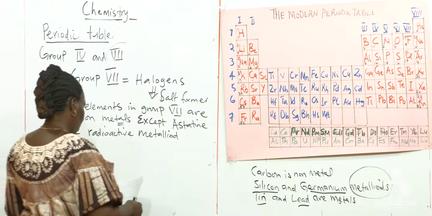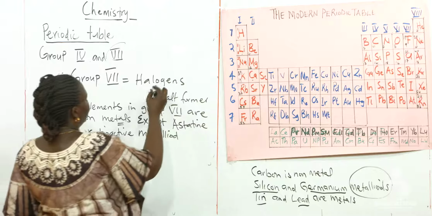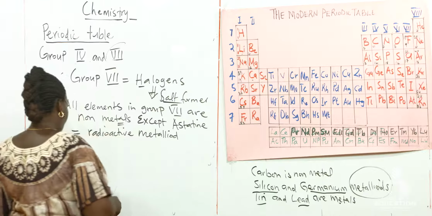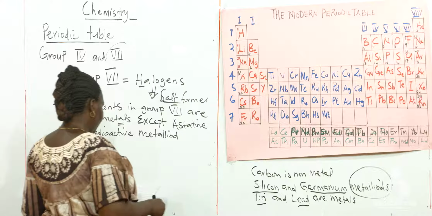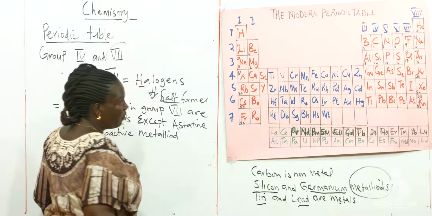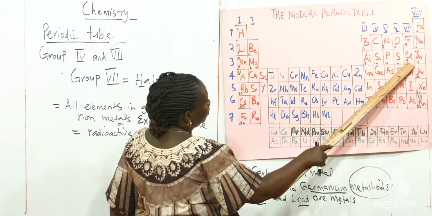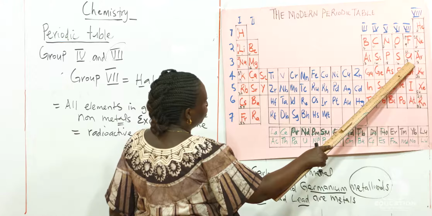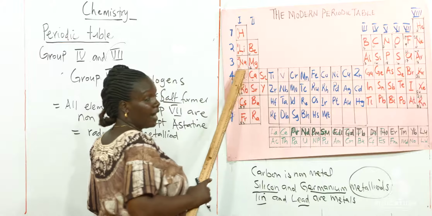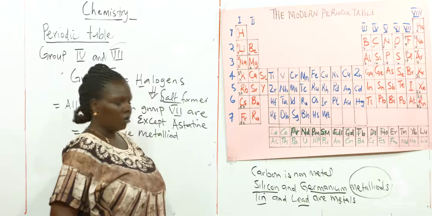So they form salts. We say that the word halogen means salt former. They react with other elements to give us salt. For example, we have chlorine in group 7, which can react with sodium in group 1 to give us sodium chloride, which is table salt.